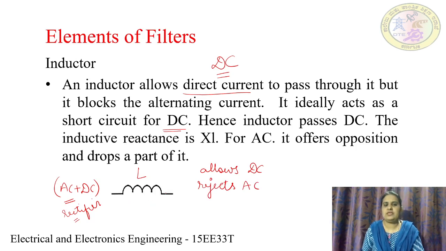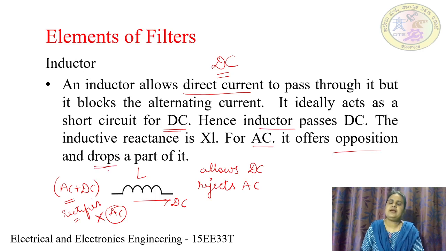So, only DC will pass through it and AC is rejected. It is not allowed. That is the function of an inductor in case of the filtering action. Therefore, they have mentioned here it passes easily the DC. For AC, it offers the opposition and hence it drops off. Drops means it doesn't allow.